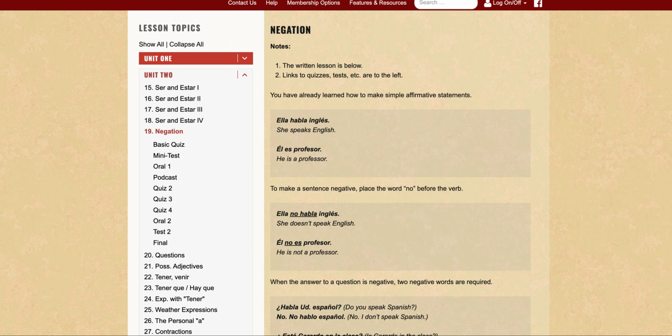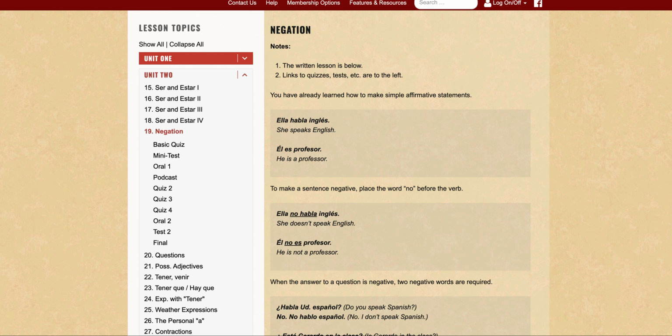About negation, we've seen quite a few rules in terms of how we can negate an affirmative sentence. How do we respond to a question in a negative way?